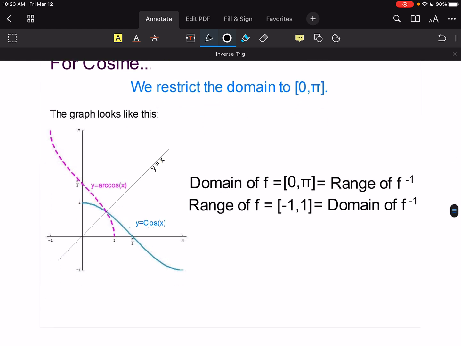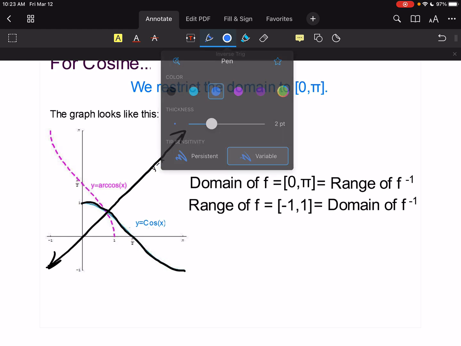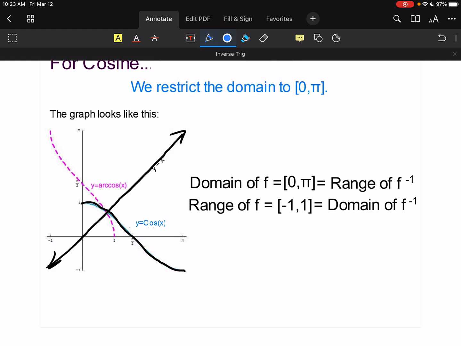So if I think about, here's my y equals x line, right? And here is cosine. If I reflect that across that line, y equals x, that gives me this guy. Okay, and again, domain flips, so this would be for cosine, and this would be for the inverse.